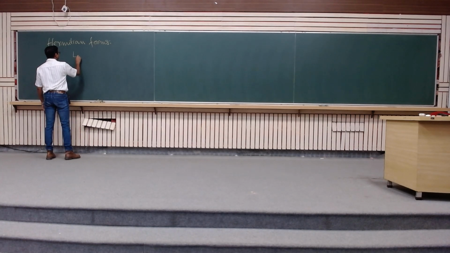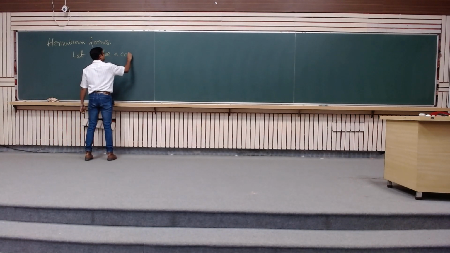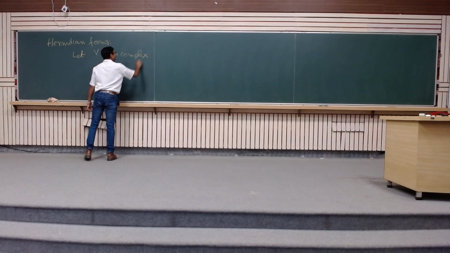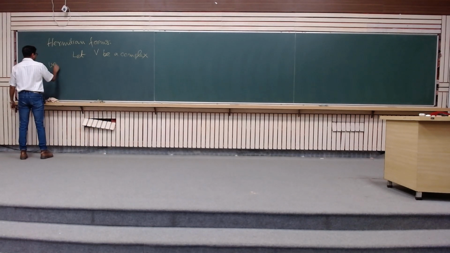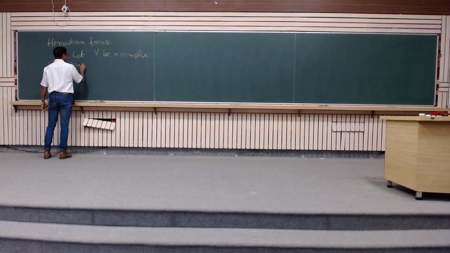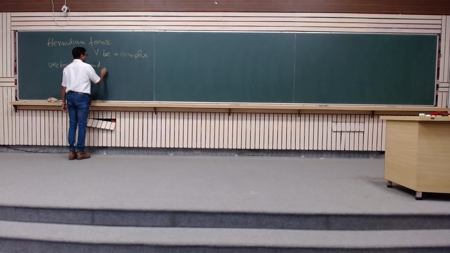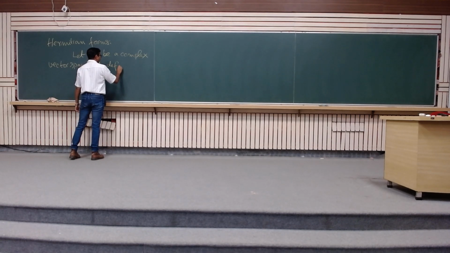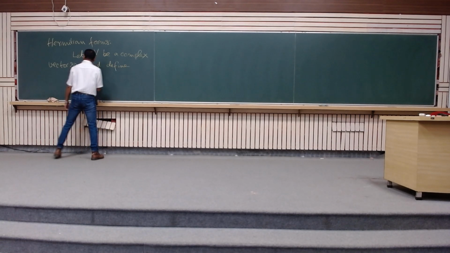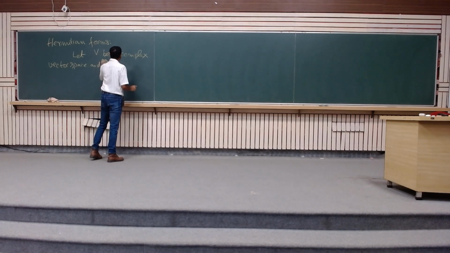So, let V be a complex vector space. We are not defining something, we are just defining the properties.